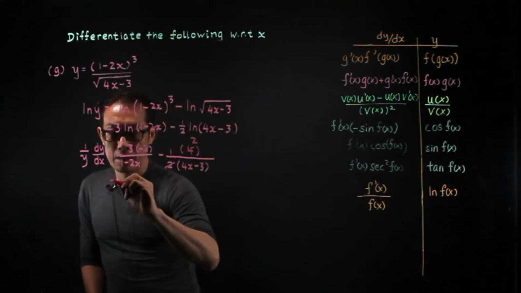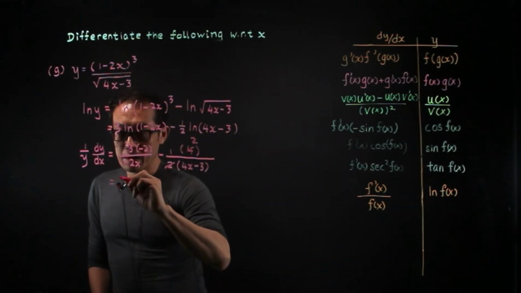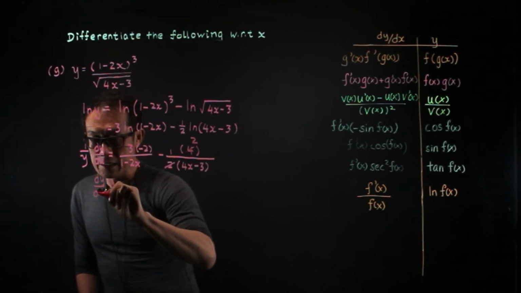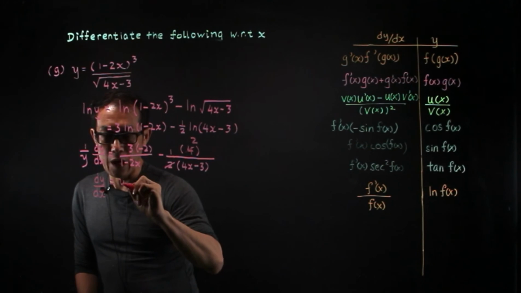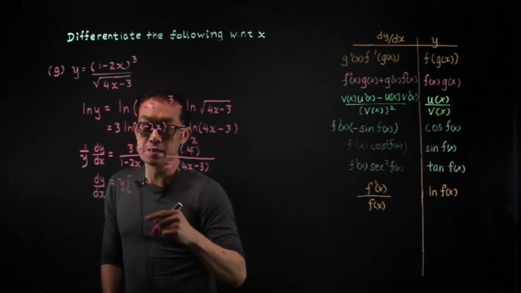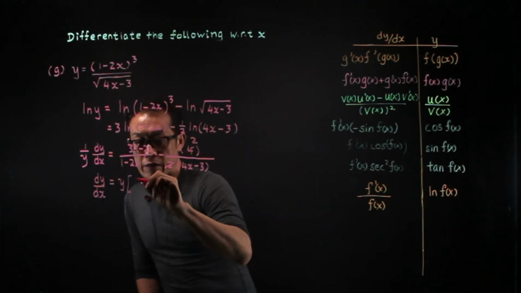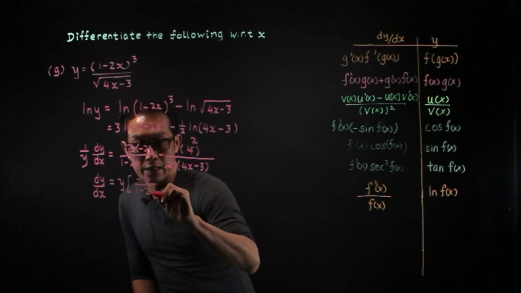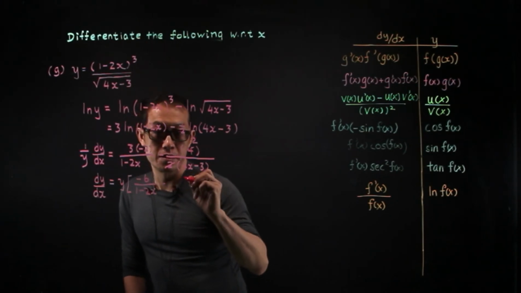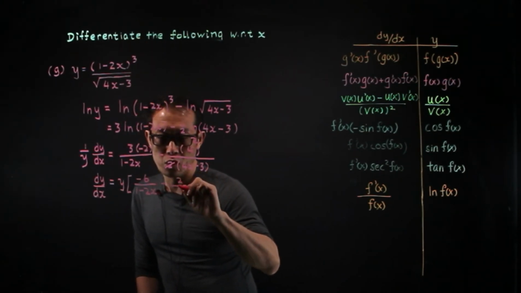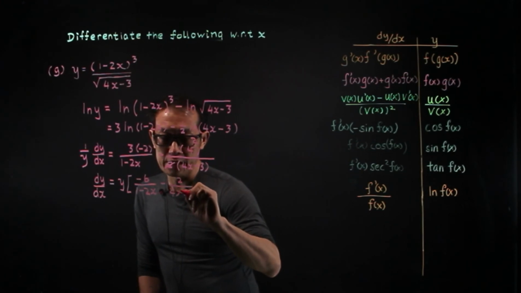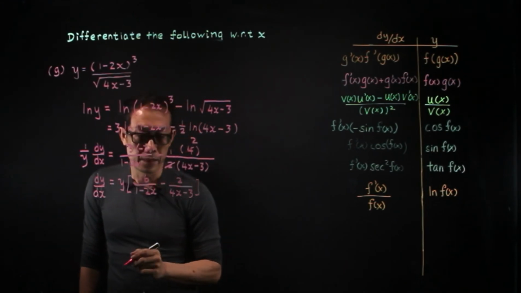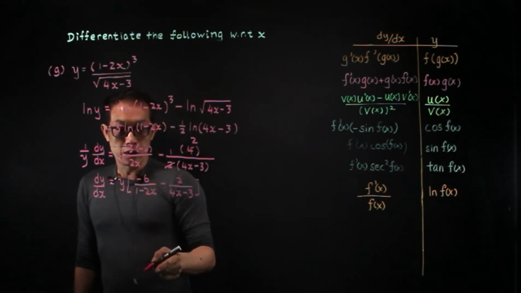Now I cross multiply, so dy by dx will be equal to y. Let's simplify this. So I have minus 6 over (1 minus 2x) minus 2 over (4x minus 3). So I can do a cross multiply.